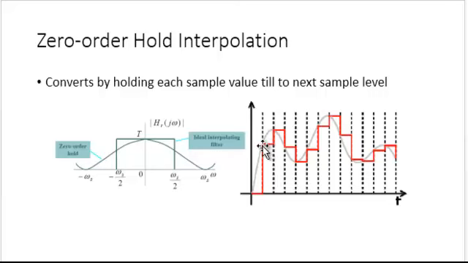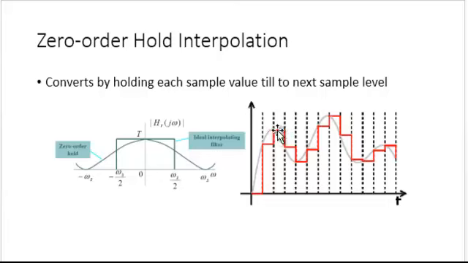This time I am going to continue this same signal. When I am having this instant, I am having the sample value as this one. So these two are connected by one step function. Similarly, here this is my sample value and this is my next sample value.